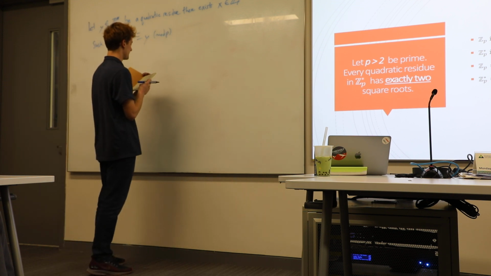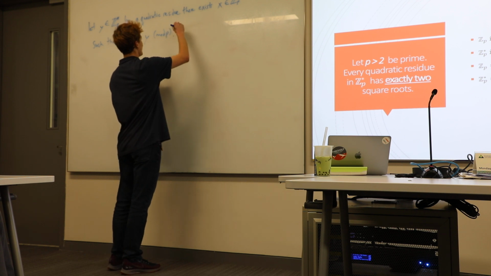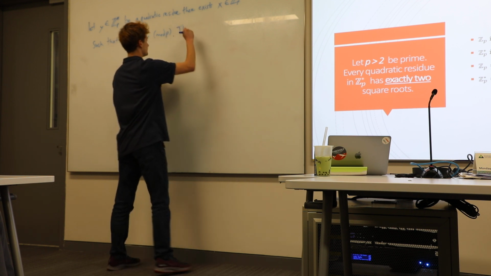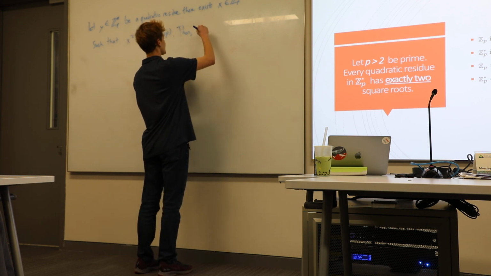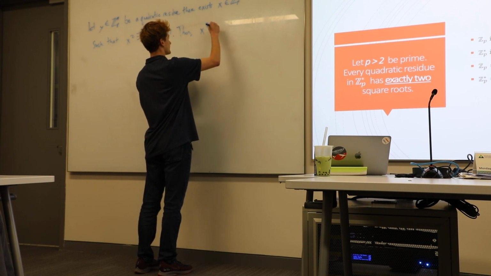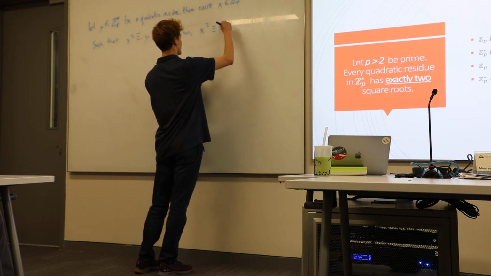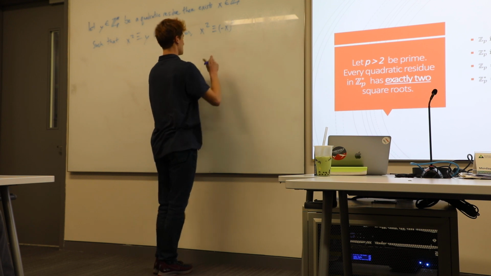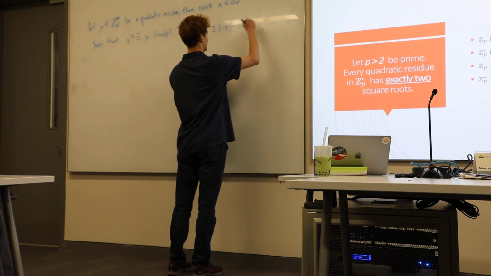Then we have x squared is congruent to negative x squared, which is congruent to y mod p.